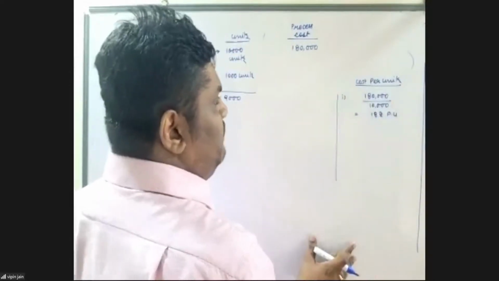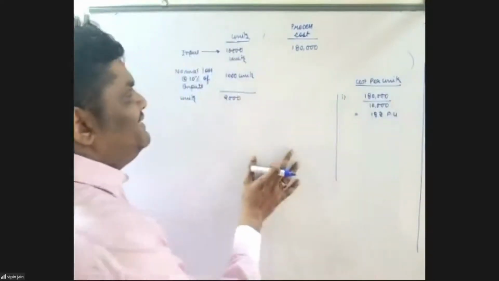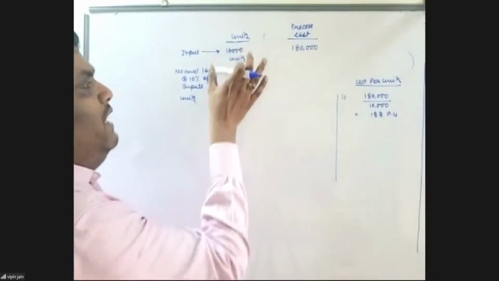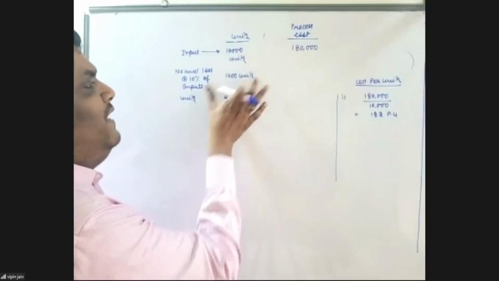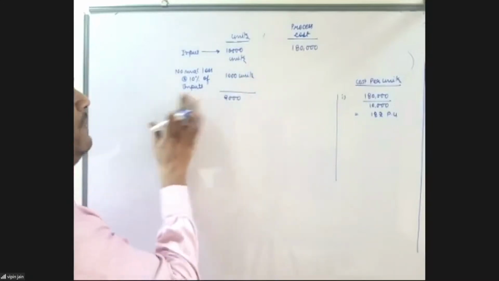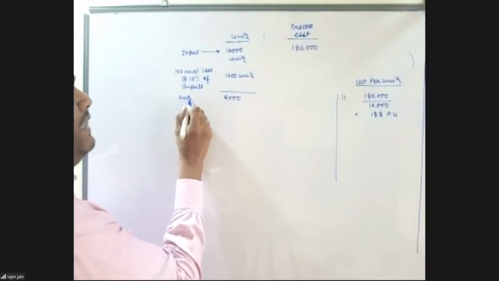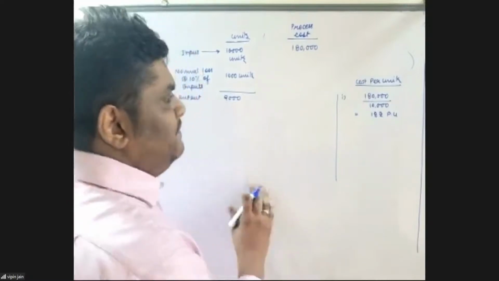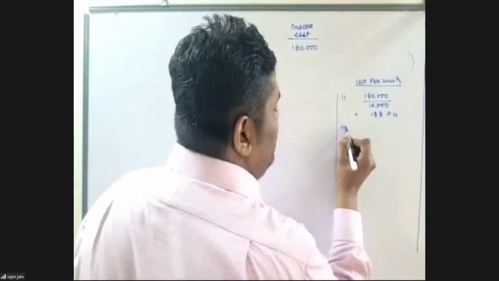So 18 per unit will be my cost per unit. But let's take a different situation wherein my input is 10,000 units. However, there is a normal loss of 10% of input, that is 1,000 units. Therefore, my output will be how much? Very simple, guys, 9,000 units. Now, in this case, my cost per unit will be how much?